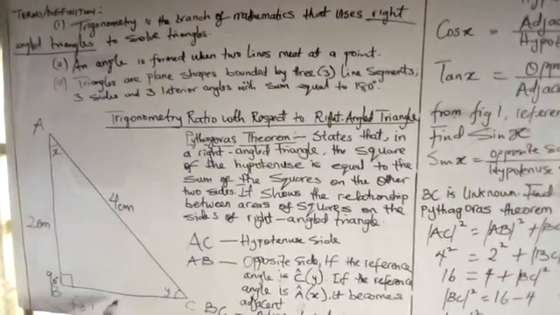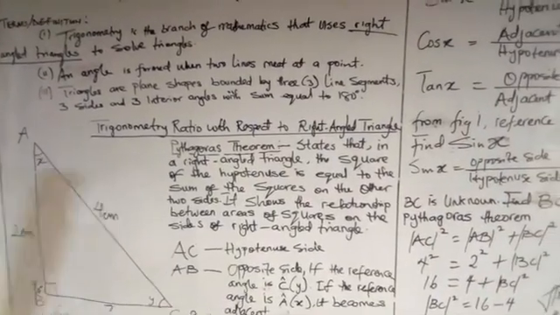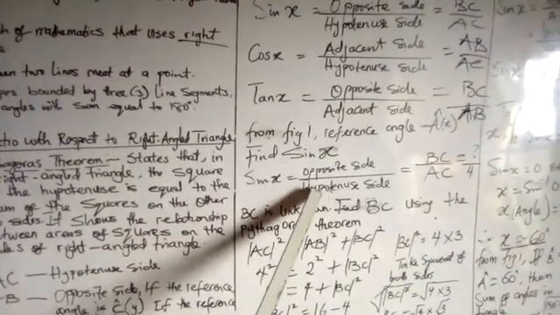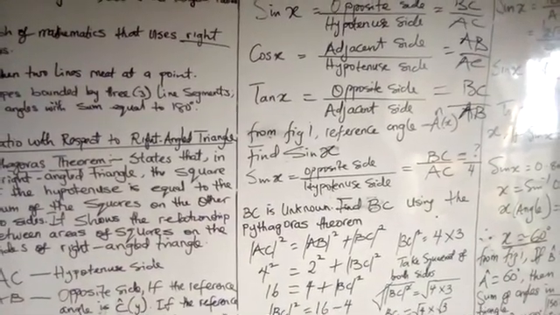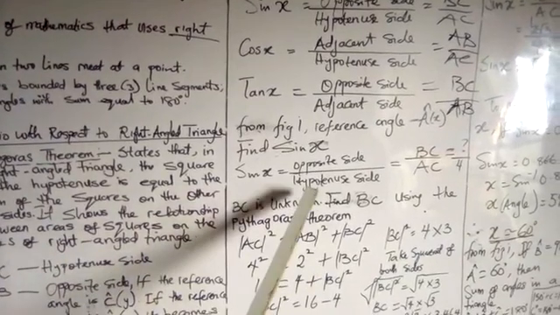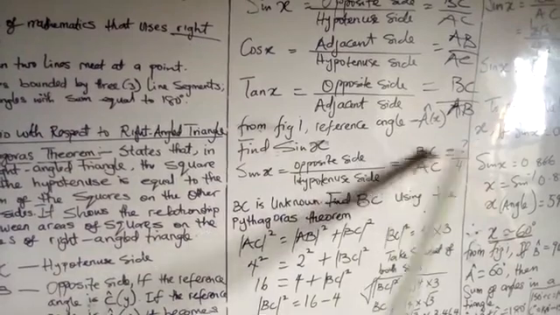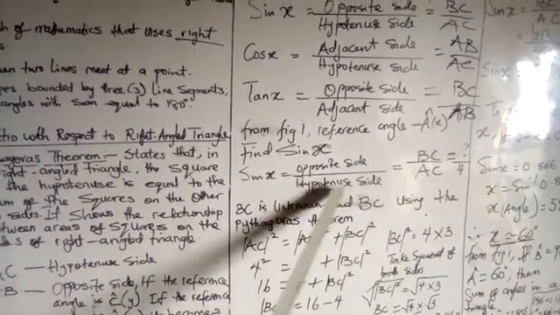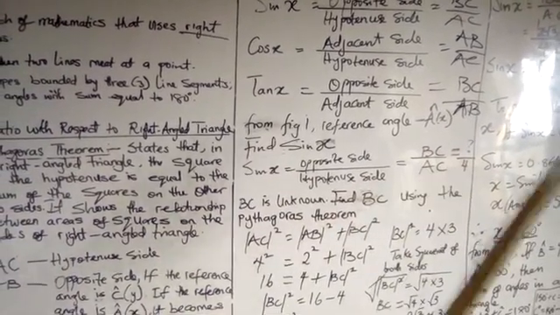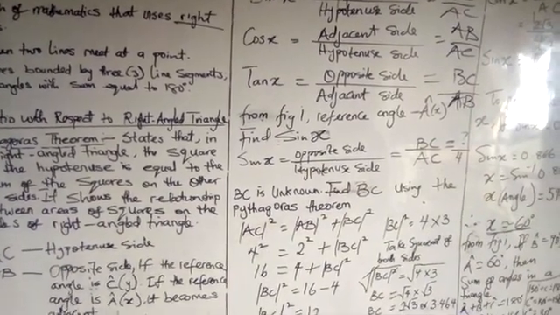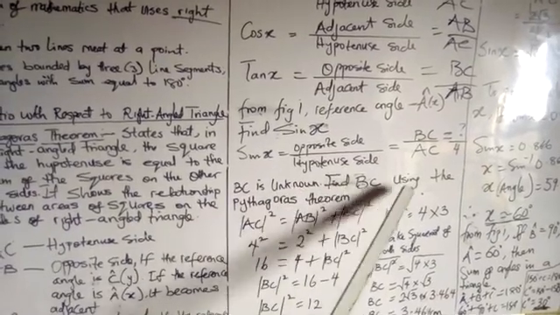And of course, we need the hypotenuse side, which is given as 4 centimeters. So BC is unknown. The first thing we should do is to find BC using the Pythagoras theorem.